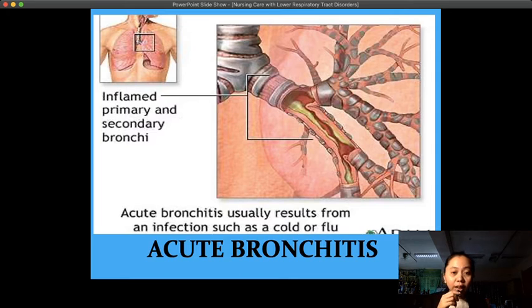Pag nagka-bronchitis na, or malubhang-malubha na yung sakit, even when things have become severe, babasulo na ang nurse, ang doctor. Dapat sipon pa lang, imo na i-treat, or else it will become bronchitis, otitis media, so on and so forth. Kasi connected lahat ang respiratory system.